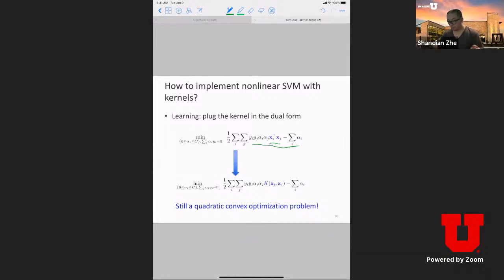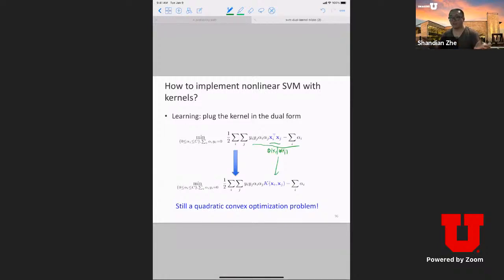Now, in the mapped feature space, we just replace the inner product by the inner product after feature mapping. And then we apply the kernel trick. We replace this with some valid kernel function. The benefit is in the computation. We do not need to explicitly perform feature mapping and do the dot product.